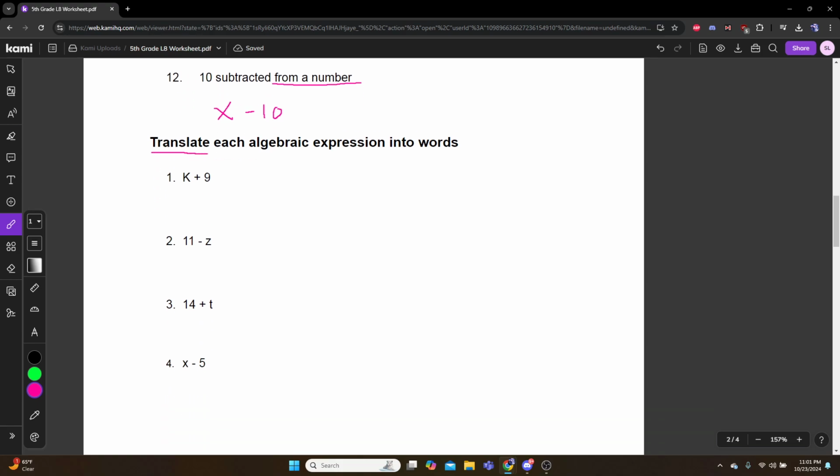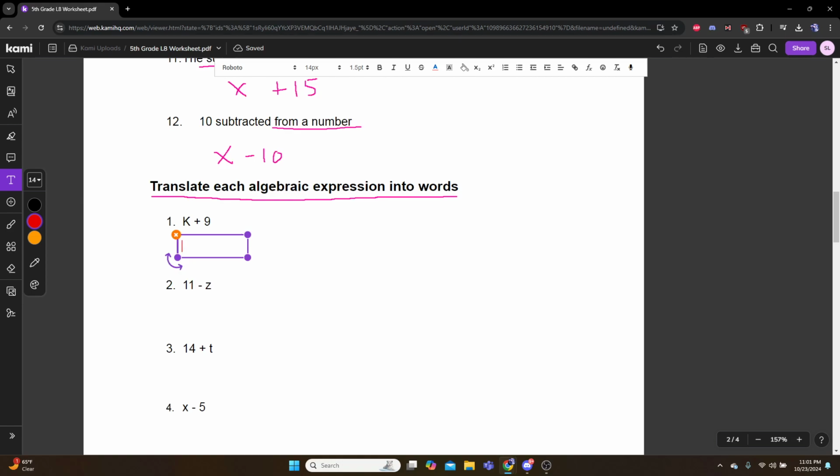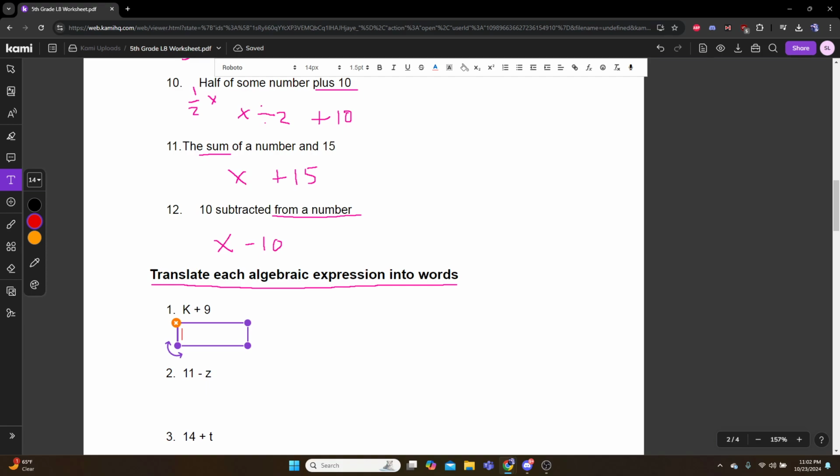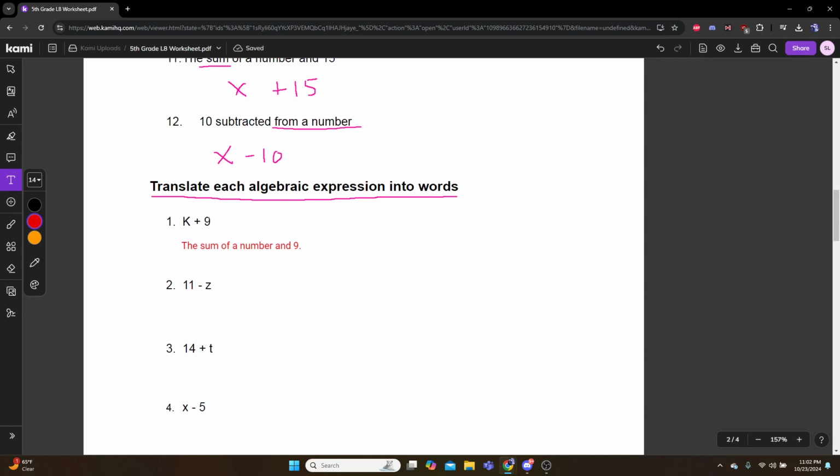Now translate each algebraic expression into words. We know that these letters here are variables and they represent the number. Since it's k plus 9, we could say the sum of a number, which is k here, and 9. Now if we try 2 here, when we subtract two numbers, the answer is called the difference.